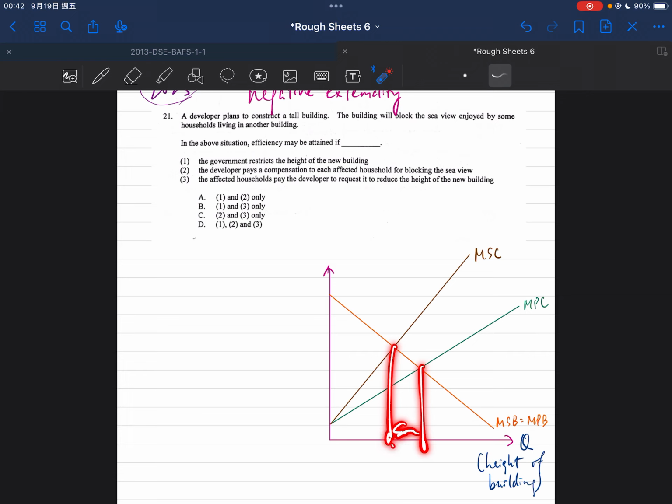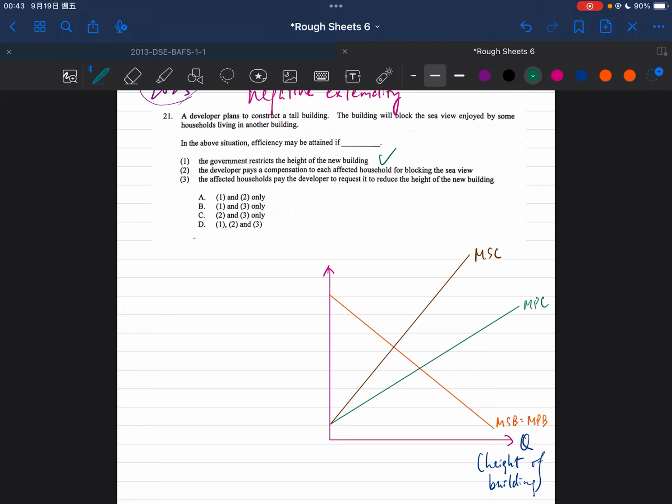So efficiency may be attained, because when the developer is forced to construct at the height required by the government, the gap between MSC and MSB will be alleviated or narrowed. So the first one is correct.